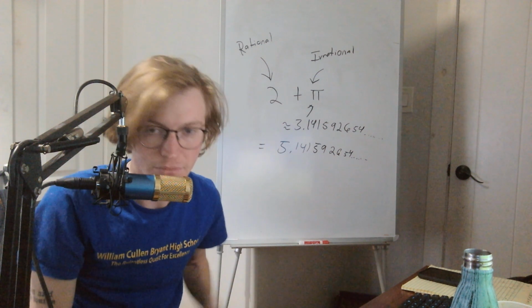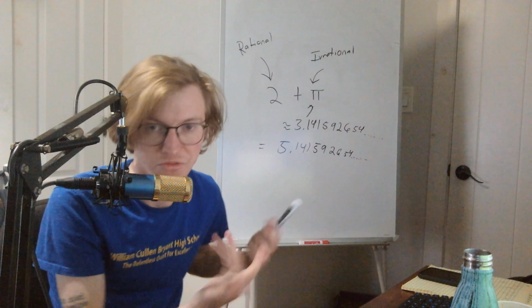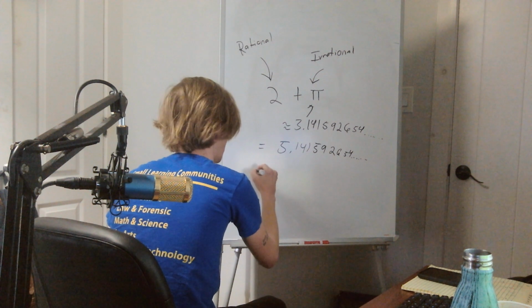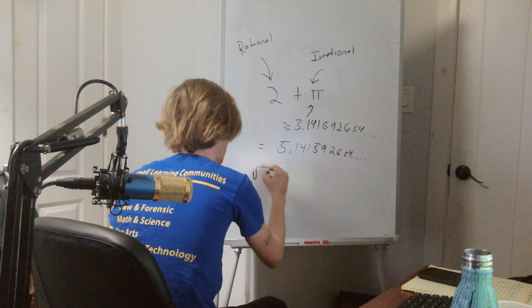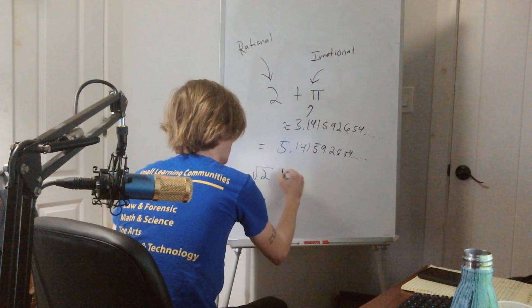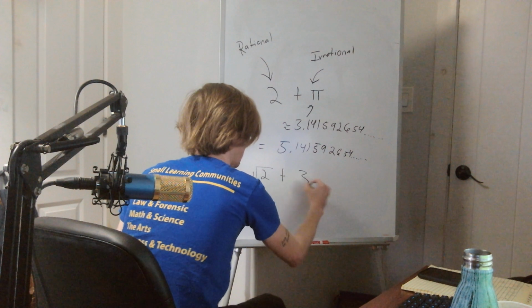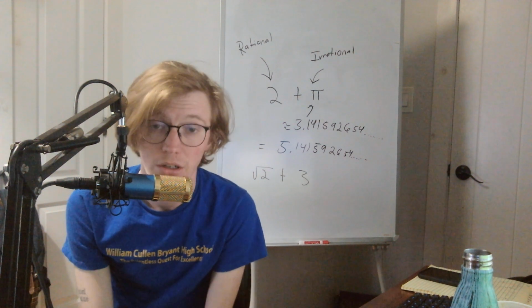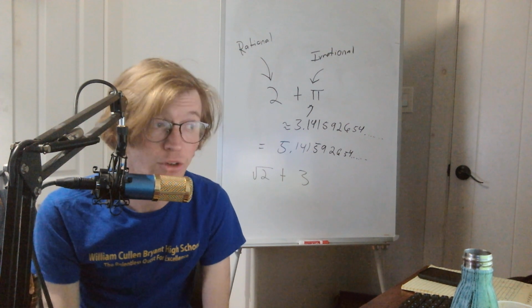If you have for example, okay, square root of 2 plus 3. The square root of 2 is an irrational number.